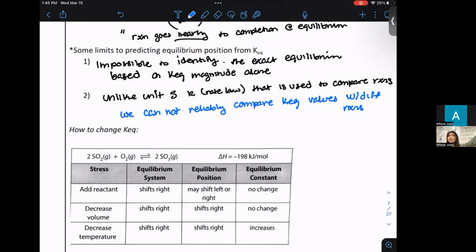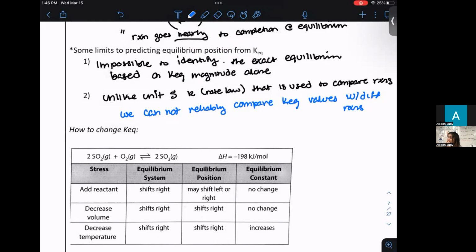Like my KEQ is 7 for this reaction, my KEQ for this reaction is 8. It's like, great, both seem to favor the product. As far as which one's working faster between the two of them, you can't make that conclusion. You can't say, oh, reaction B is moving faster than reaction A. That doesn't work. You can only make comparisons within the same reaction, and then identify generally where there's a favoring.